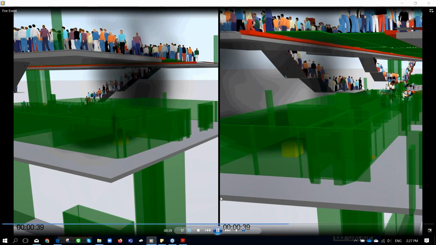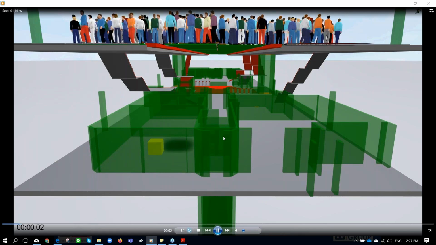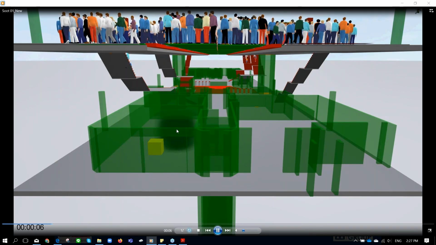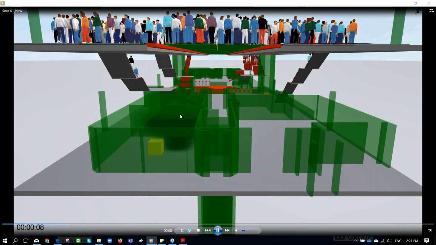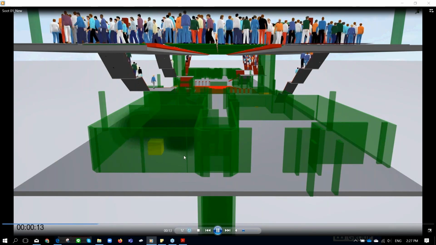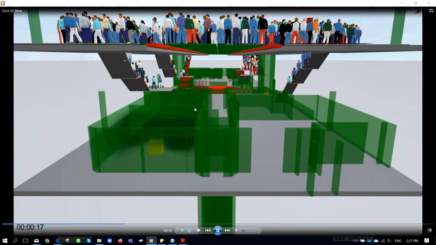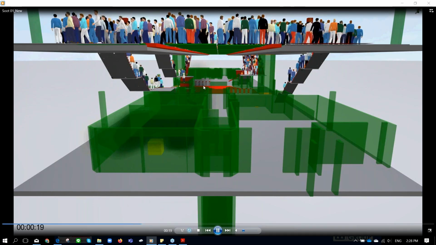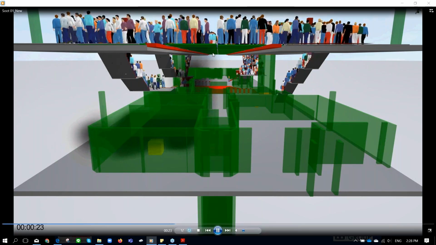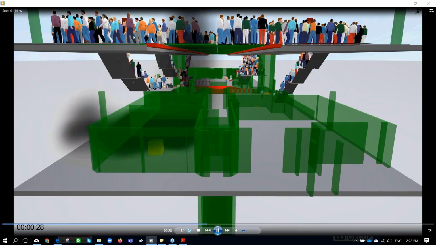So okay, let me show you some other angles. You can see that when it starts burning, the hot air and the smoke spread to the top. I mean, from this, the concourse level, the hot air is going up to the platform level, but it could not really go to the platform.